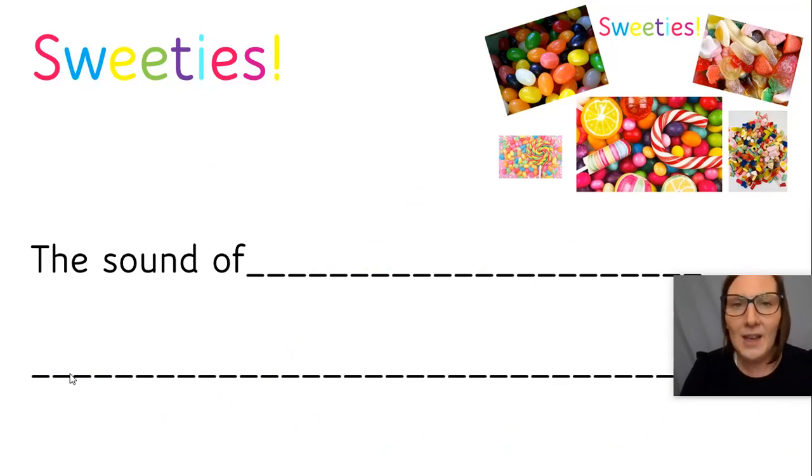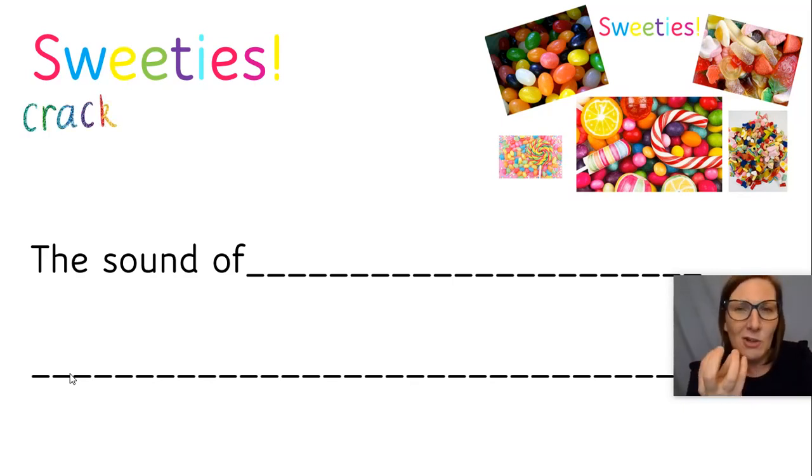So thinking about sweeties and when you can hear them, not that they talk to you, but the noises that they make when you might be eating them, or when they're in the packet, or when you're holding them and they're clanging together a little bit. So I thought of some words to describe the sweeties. Well, sometimes they might make a crack sound.